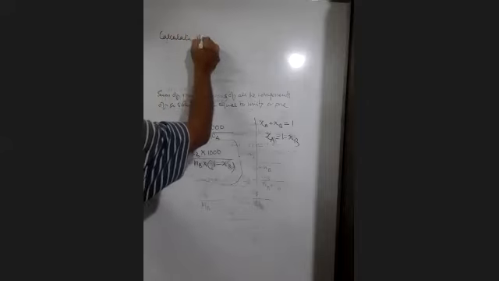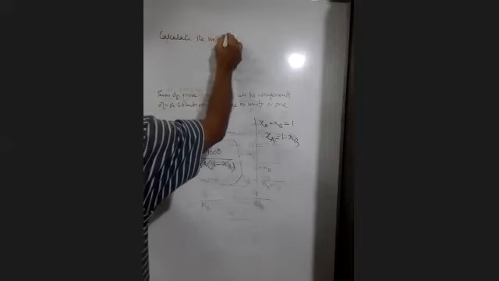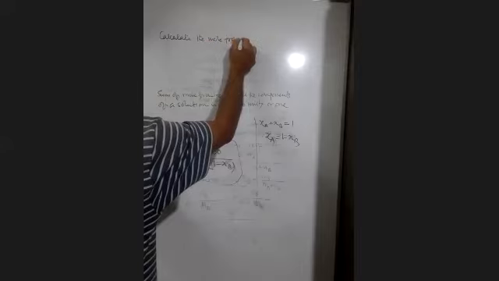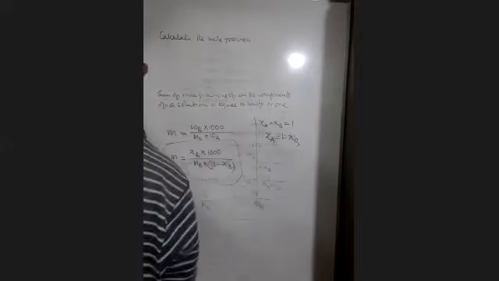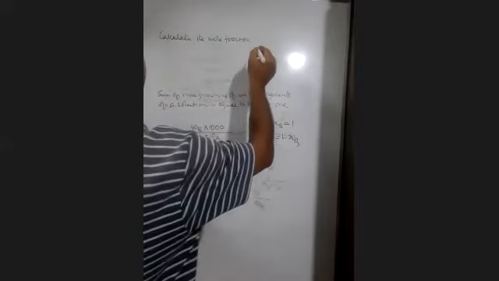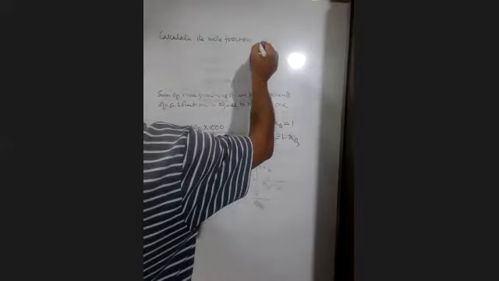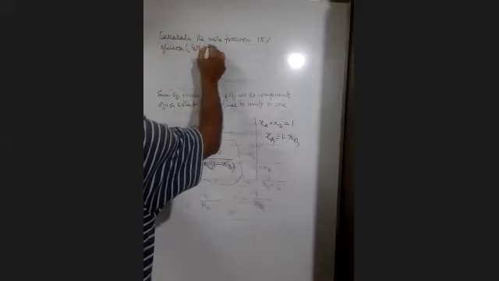Calculate the mole fraction of 15% glucose solution. Glucose is C6H12O6.